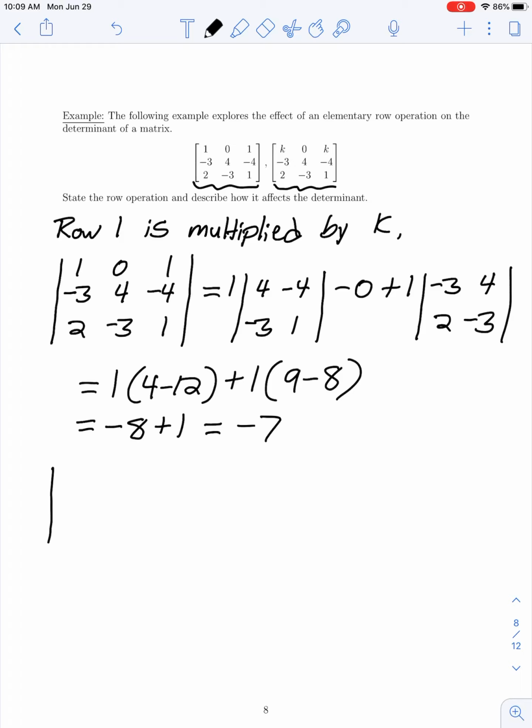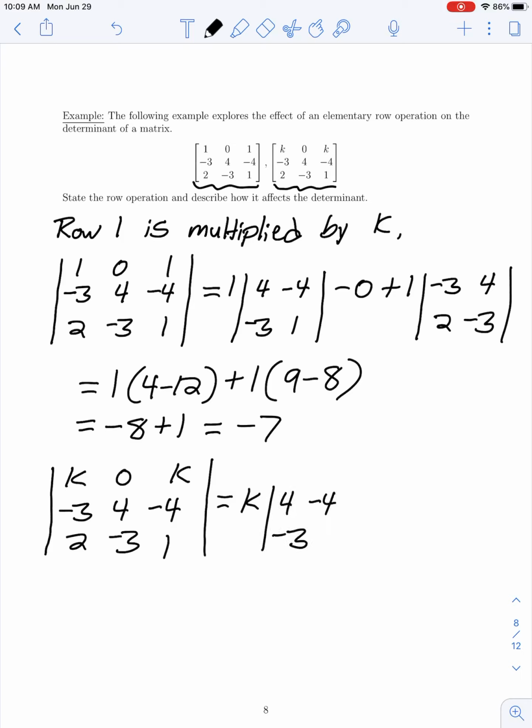Now let's look at the determinant of the matrix we got by multiplying that first row through by k. So we have k, 0, k, negative 3, 4, negative 4, 2, negative 3, 1. Using a cofactor expansion along our first row, we have a positive k times the determinant of 4, negative 4, negative 3, 1, minus 0, plus k times the determinant of the matrix negative 3, 4, 2, negative 3.